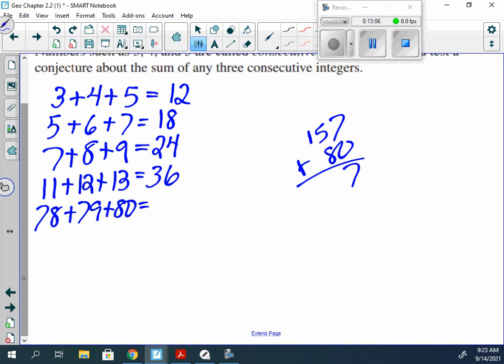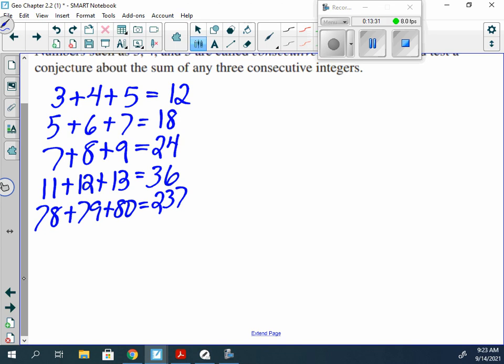Plus 80 is 237. If you have a calculator, I'll go on and grab one if y'all don't. 78 plus 79 plus 80 is 237.